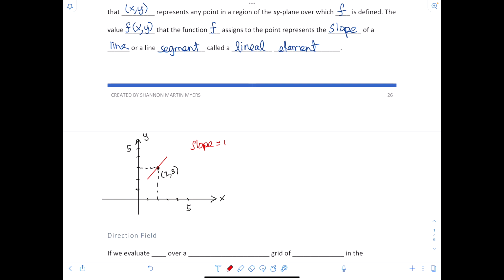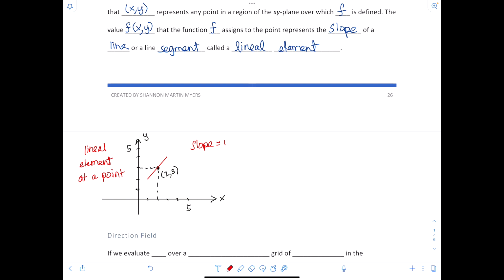So this one is called a lineal element at a point.